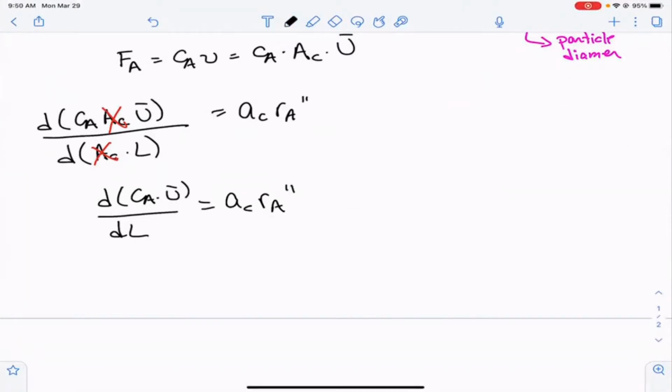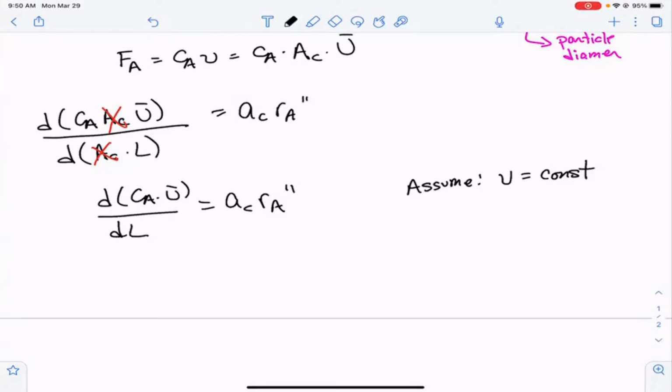Now, in an equation like this, where A goes to B, we have the same number of moles on both sides of the equation. So delta N is 0. That means that the volumetric flow rates are the same in the gas phase. Or if we have a liquid phase reaction, you also would have constant volumetric flow rates. So from here, we're going to say, look, in this example, we can assume, because of either one of those things, that the volumetric flow rate is equal to a constant.